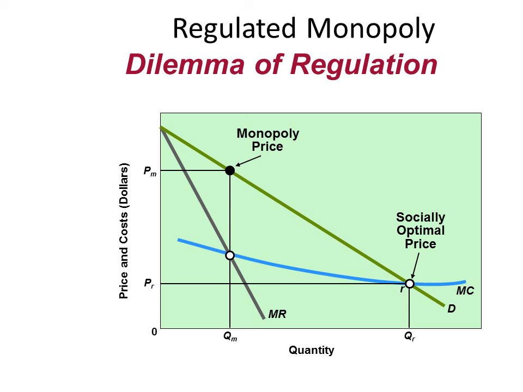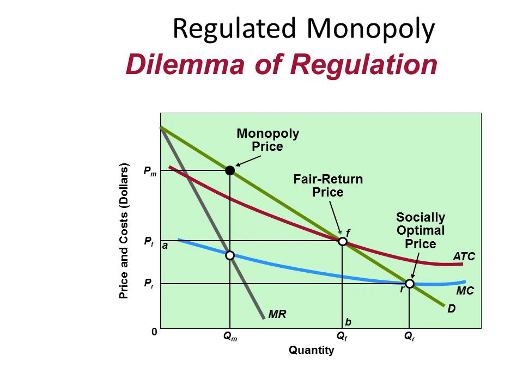Here's the issue. If we look at the firm's average total cost structure, the socially optimal price may actually force a monopolist to suffer losses.